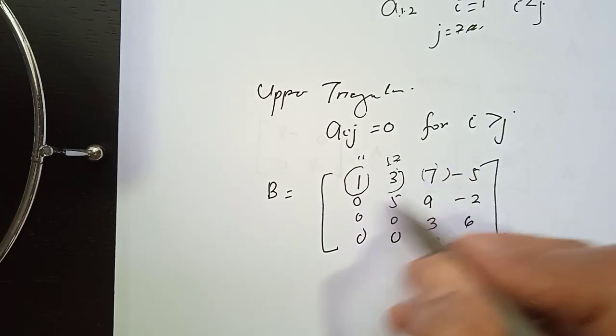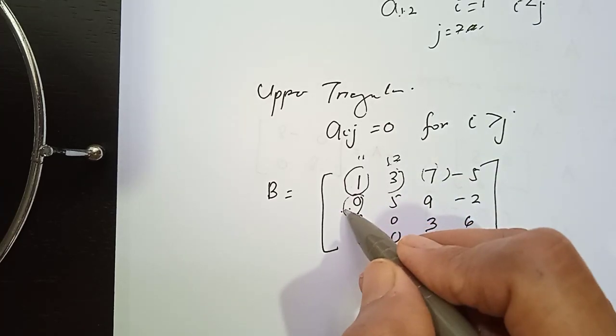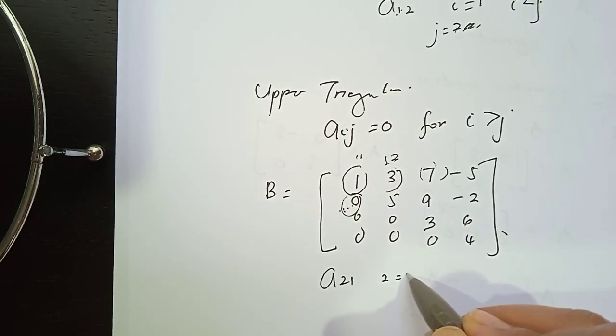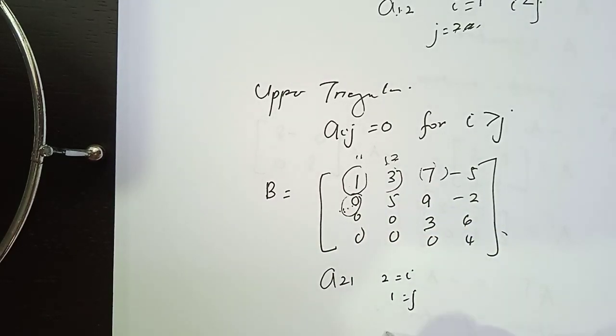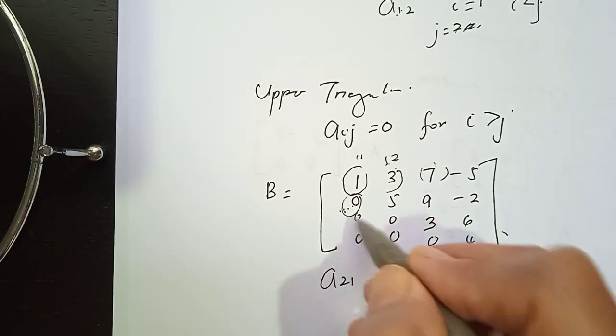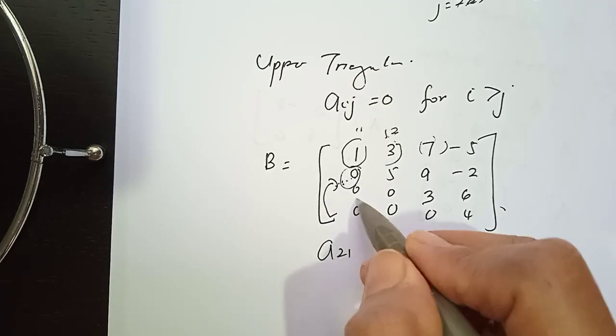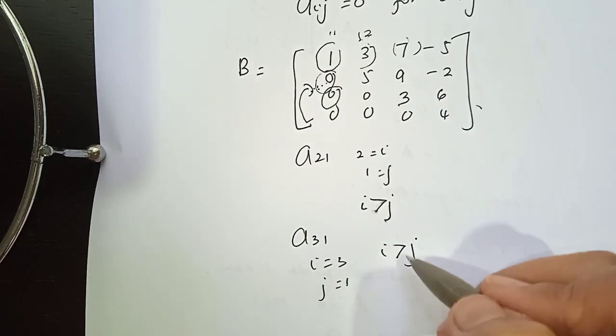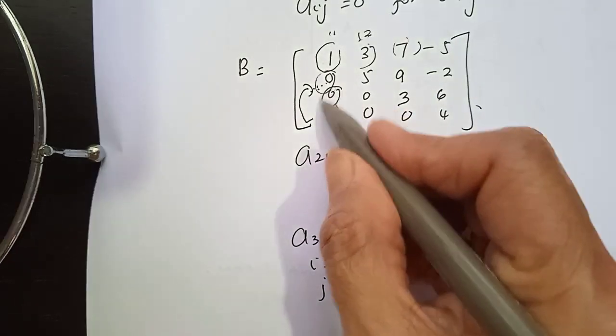Okay, for the other part, this is a21. i is 2, j is 1. So i is greater than j, that's why it is 0. Okay, a31 here. i is 3, j is 1. So i is greater than j, that's why it is 0.